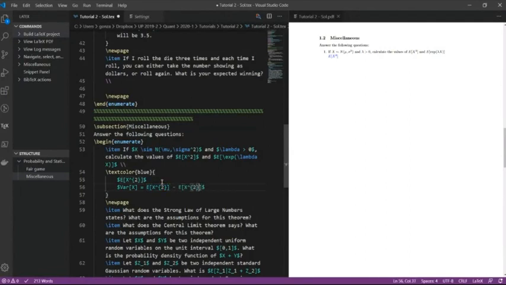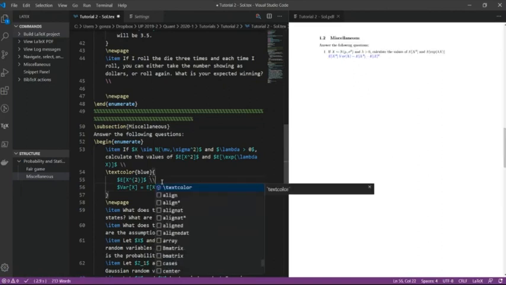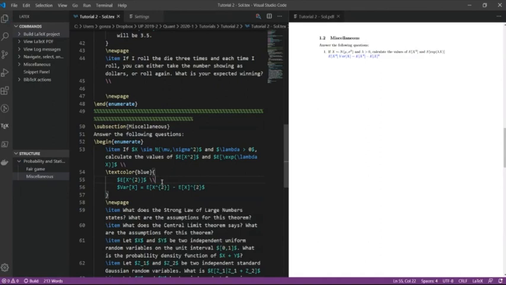However, the exponent is outside, right? Are you guys there with me?